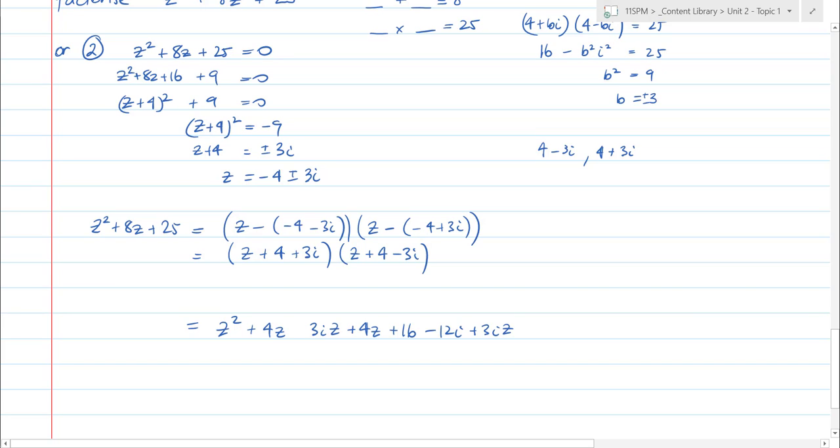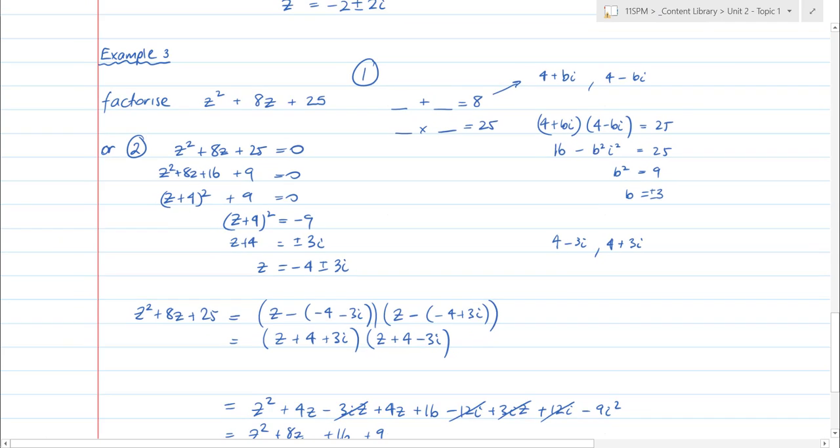Oh, this should be a minus, sorry. Plus 12i, and then minus 9i squared. And the 3iz and the plus 3iz cancel out. The negative 12i and the positive 12i cancel out. I've got z squared, plus 8z, plus 16, and then minus 9 times i squared becomes plus 9, which gives me z squared plus 8z plus 25.